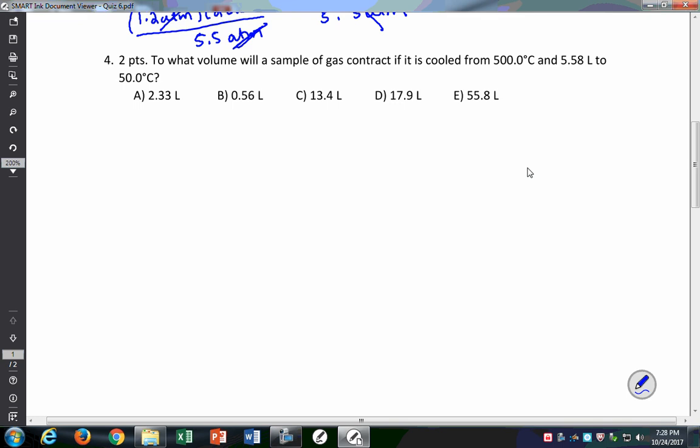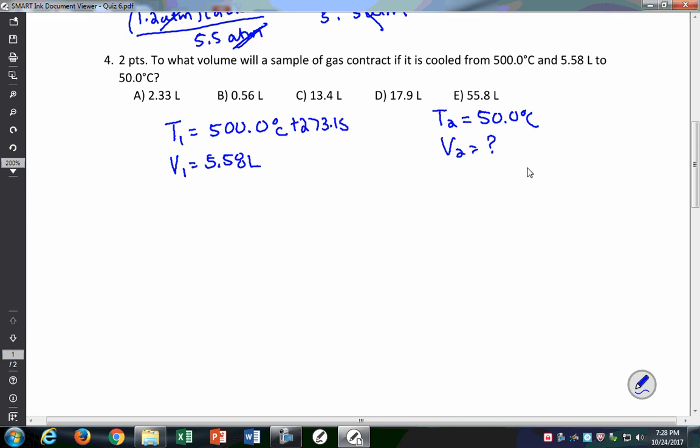So our T1 is going to be 500 degrees Celsius, and our V1 is 5.58 liters. Our T2 is 50, and our V2, we don't know. As soon as you see Celsius, add 273.15, because this has to be in Kelvin, because we don't want a T equals 0.